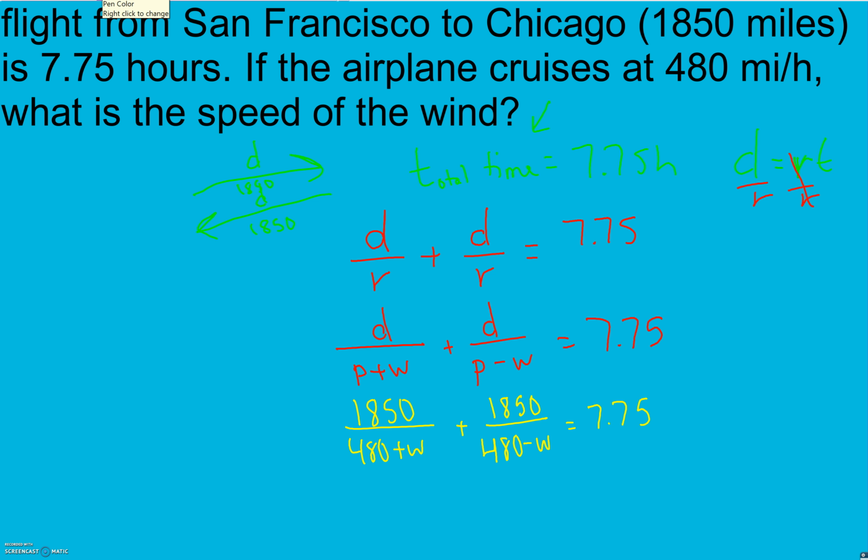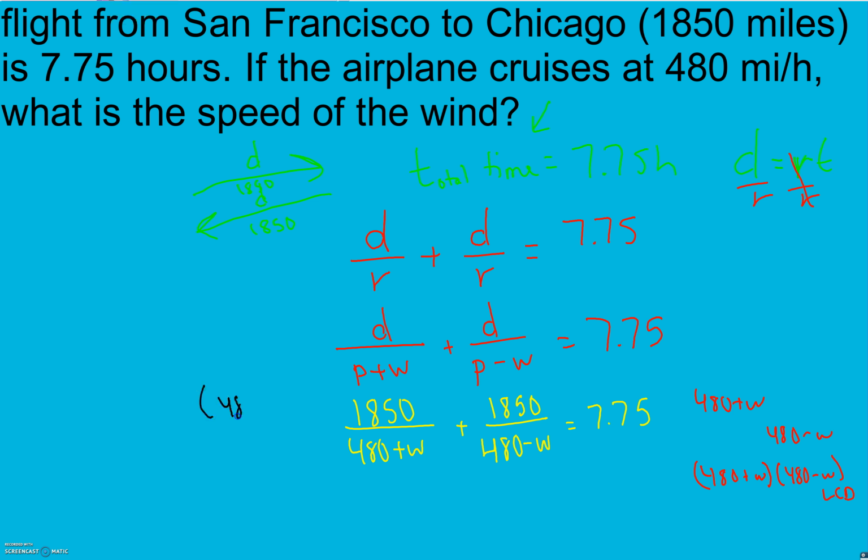Okay, common denominator here. I have 480 plus W, 480 minus W, so I can multiply those two together to get my LCD. I'm going to go ahead and multiply everything by that common denominator.